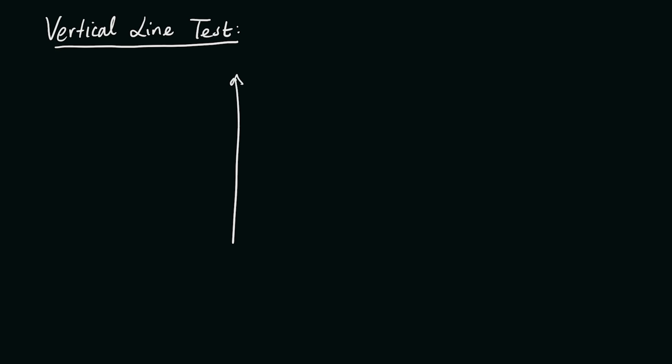The vertical line test is just to determine if the graph that you have is a function or not. Now, let's draw a graph here because we're going to need it for representation.